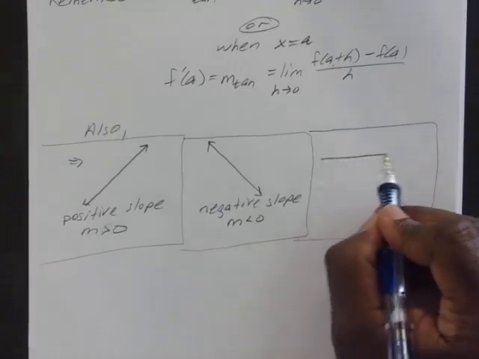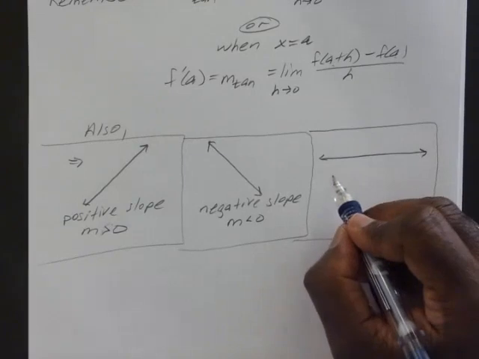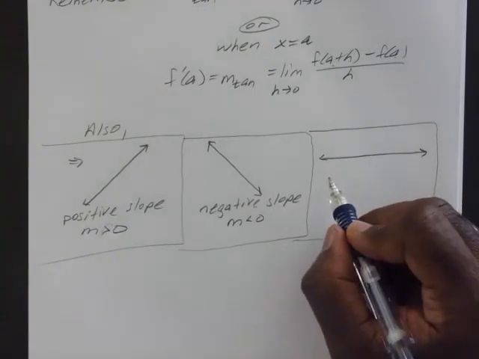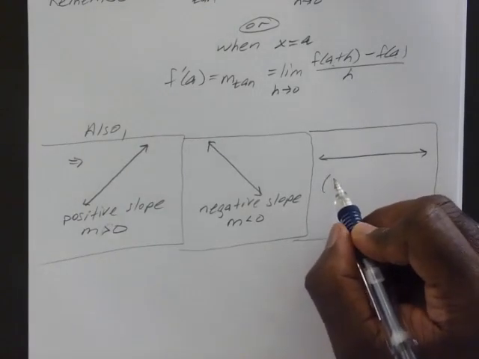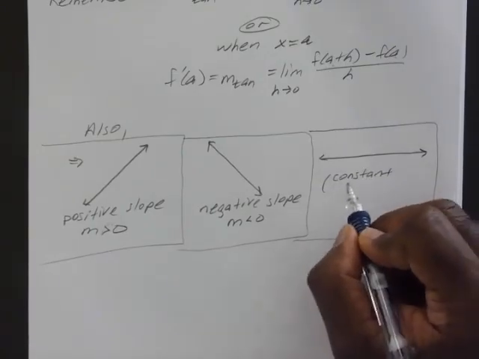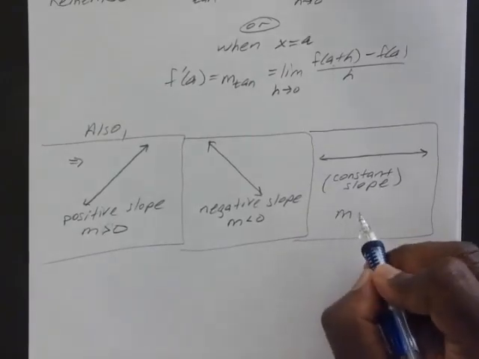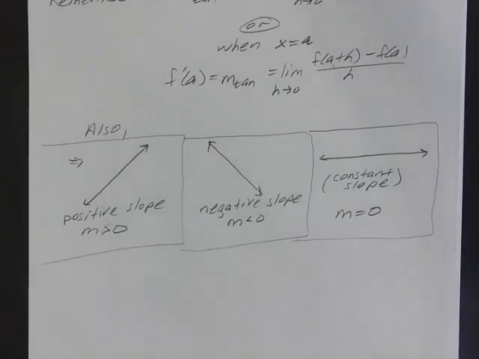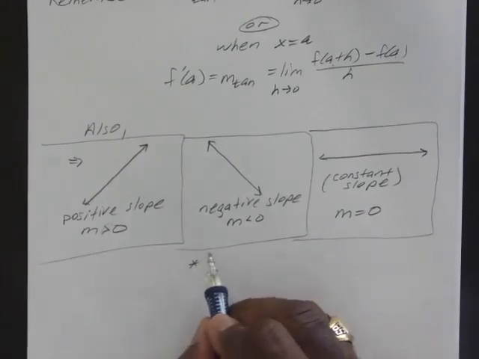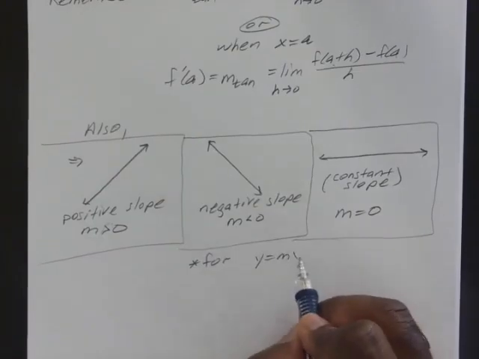And it is just a horizontal line, say horizontal or constant slope, where the rate of change is equal to 0. Remember, these are for y is equal to mx plus b.